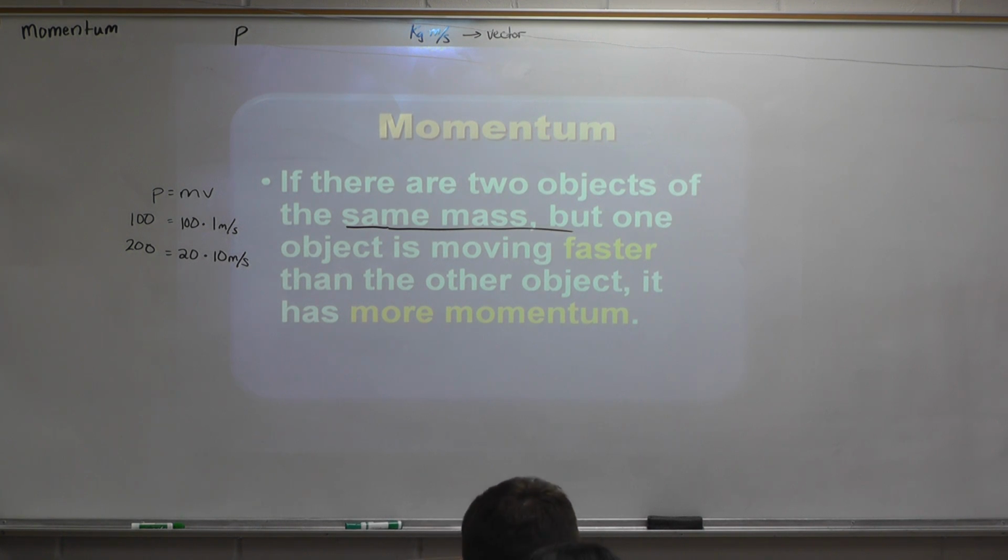So if I have two bowling balls, one traveling faster than the other, which one has more momentum? The one going faster, because the bowling balls are the same mass.